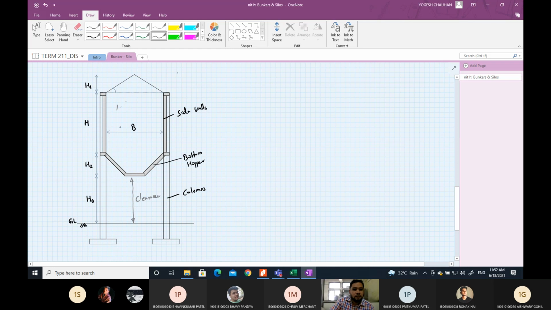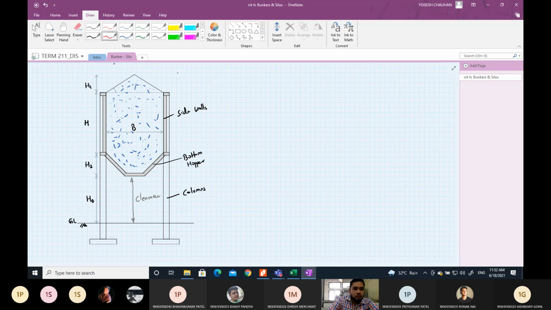And inside this the materials are stored. This is the angle of surcharge. Okay.